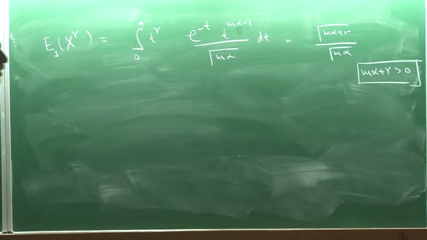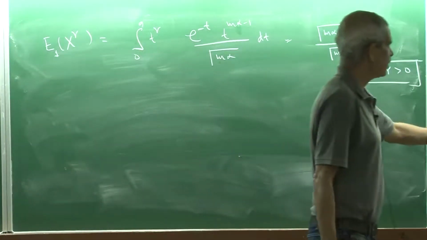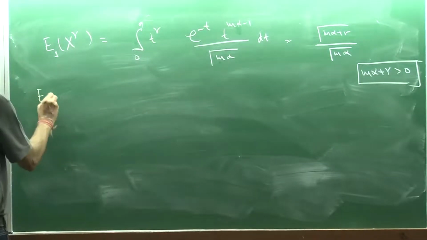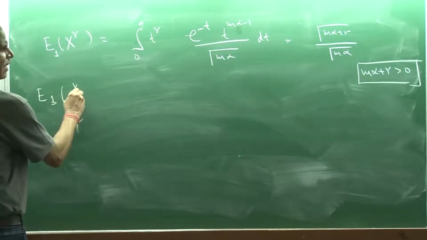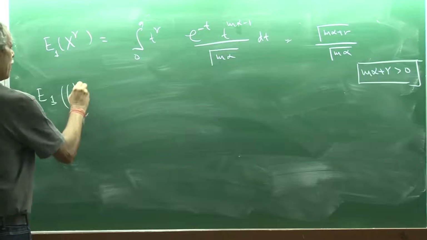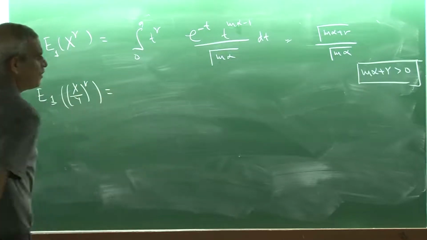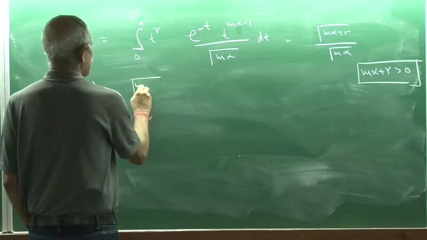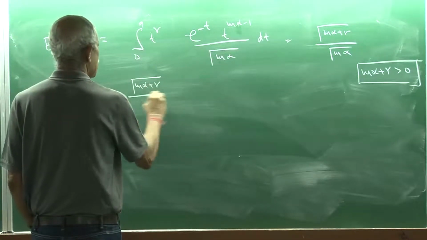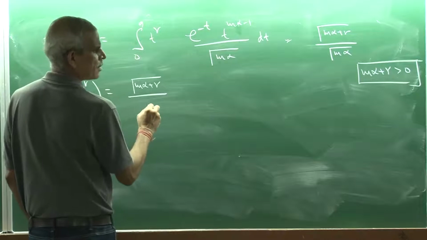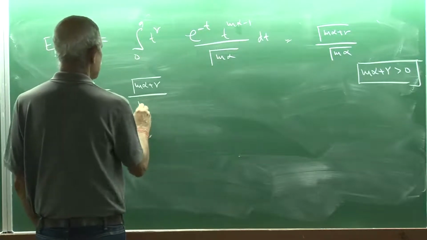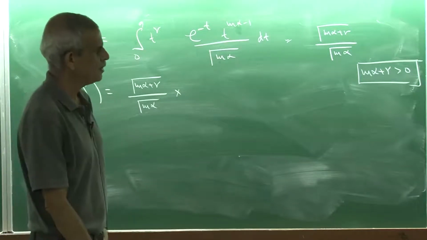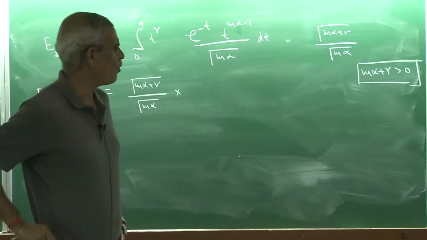So I can find out the expected value under 1 of x by y to the power r. First, the expected value of x to the power r is gamma m alpha plus r by gamma m alpha, into the expected value of y to the power minus r.